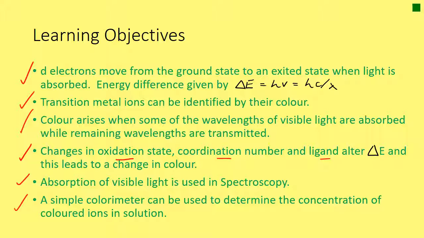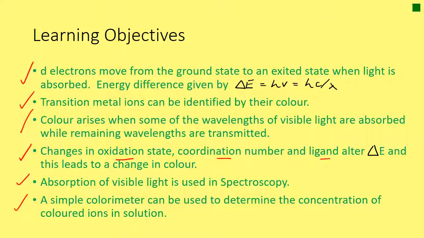And do we know that transition metal ions can be identified by their colour? Certainly we do. And that colour arises when some of the wavelengths of visible light are absorbed when the electrons are promoted from one 3d orbital to an excited 3d orbital. And the rest of the wavelengths are transmitted through. So we know that, and we did that.